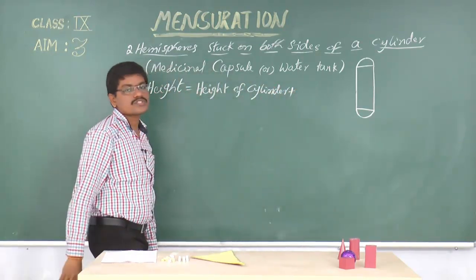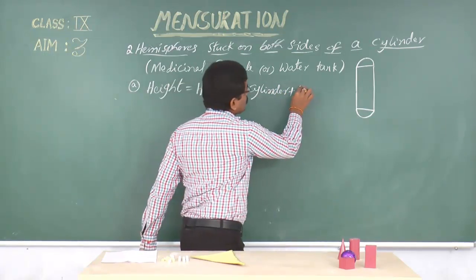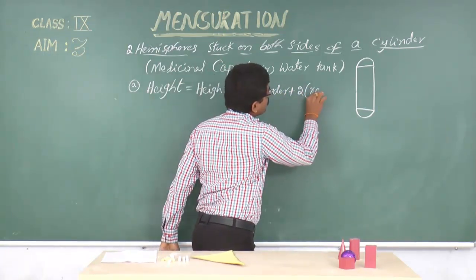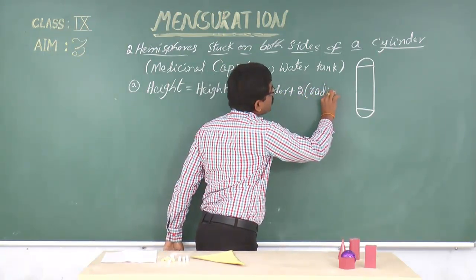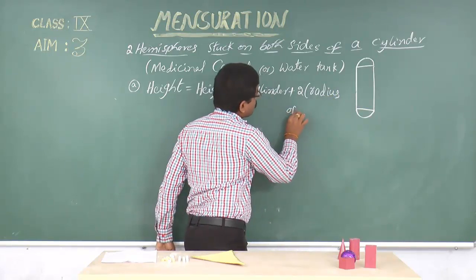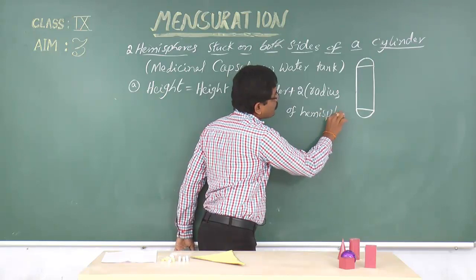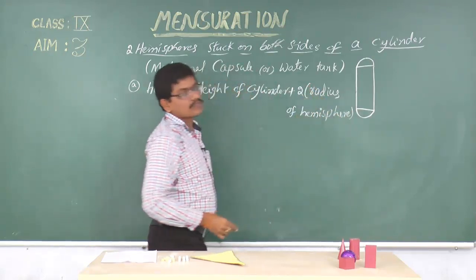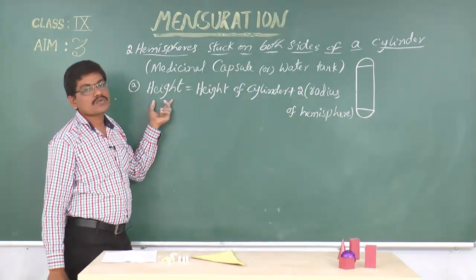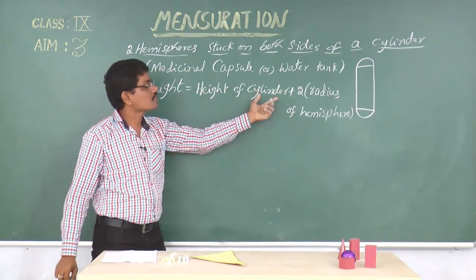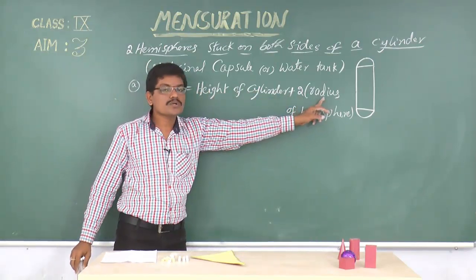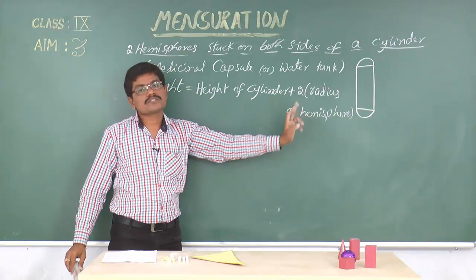Height is equal to height of cylinder plus 2 into radius of hemisphere.